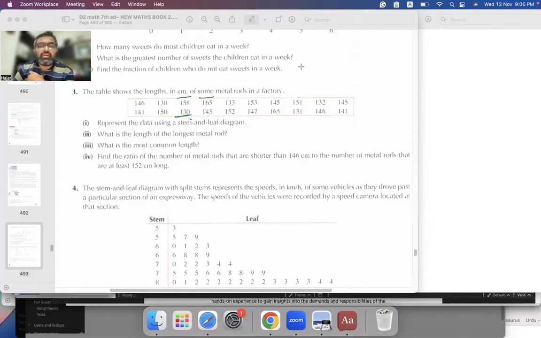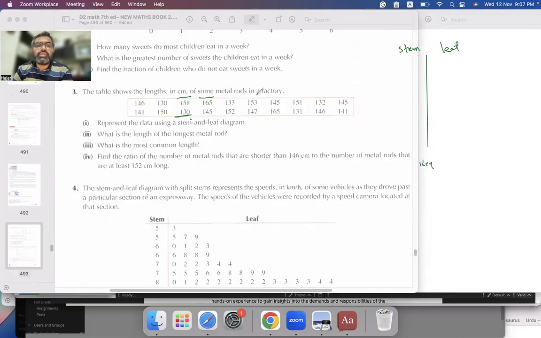So let's draw the stem and associate leaves with it. Over here, we have our stem on the left side and leaves on the right side. Whenever we draw a stem and leaf diagram, we need to give a key. First I draw it, then I put the key over here.